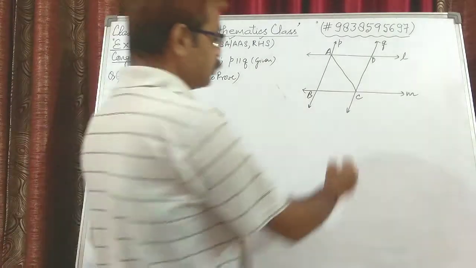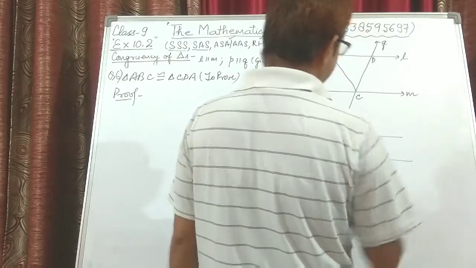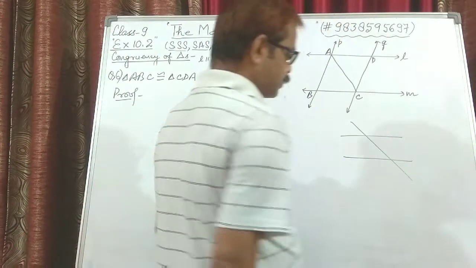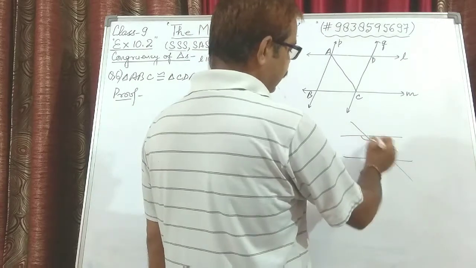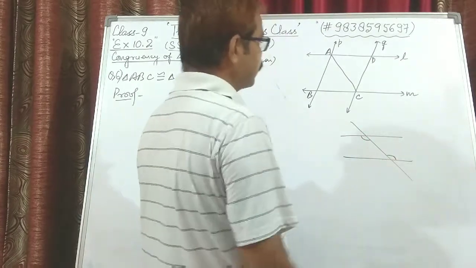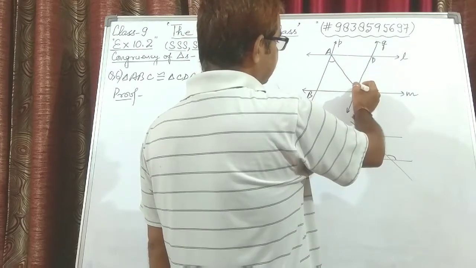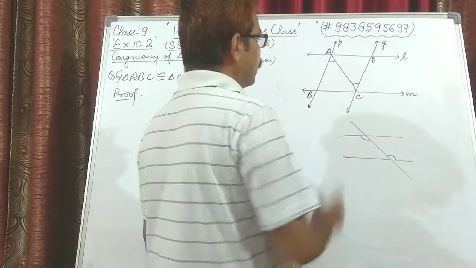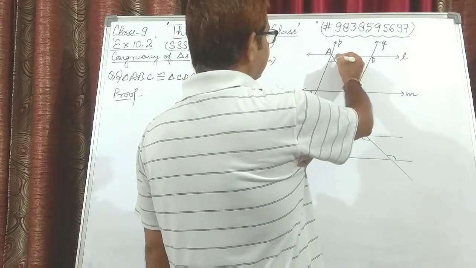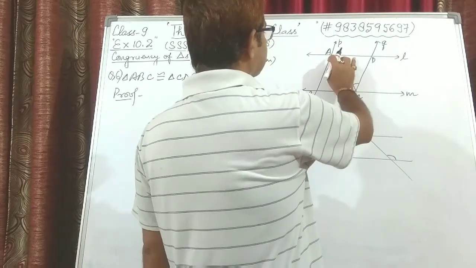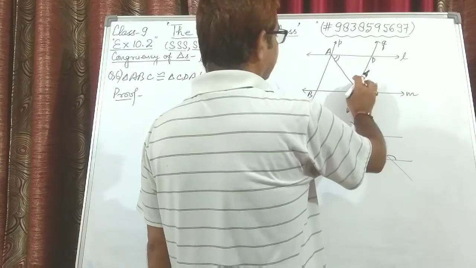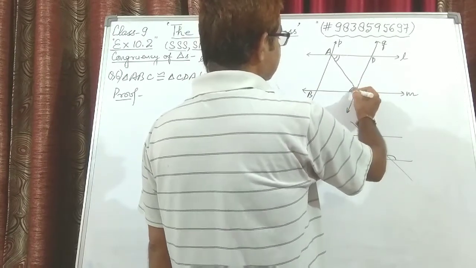We know that when two parallel lines are intersected by a transversal, alternate interior angles are equal. It means this angle and this angle will be equal. At the same time, let's talk about this angle. This and this angle will be equal.